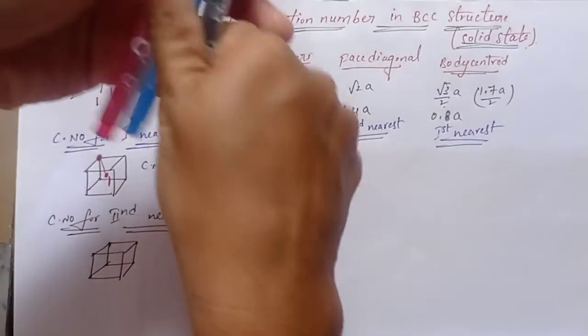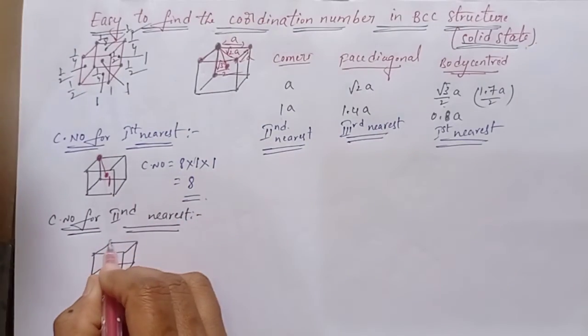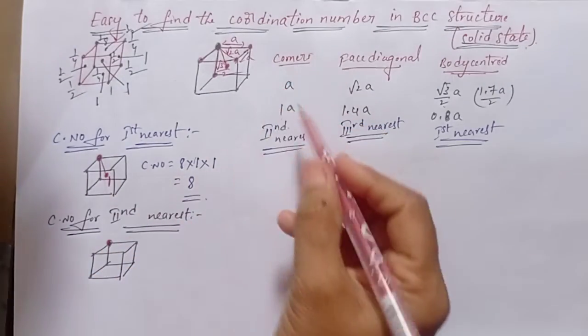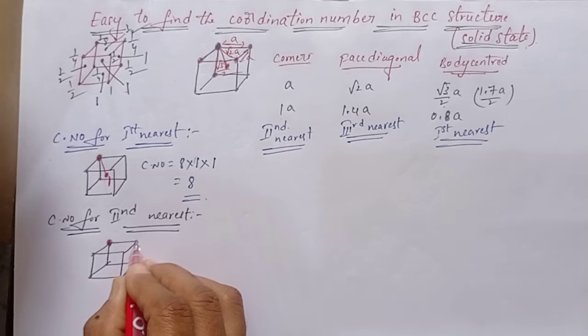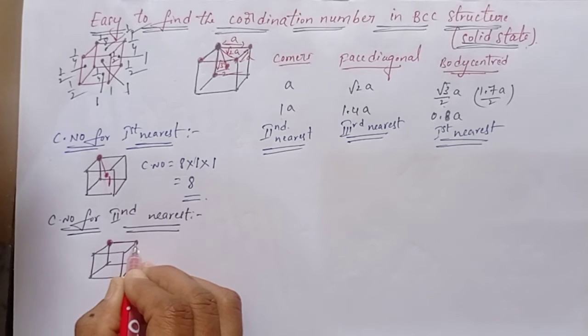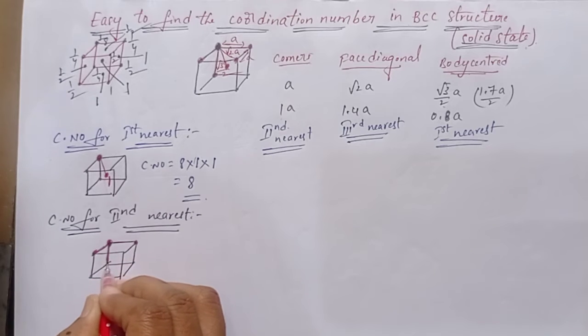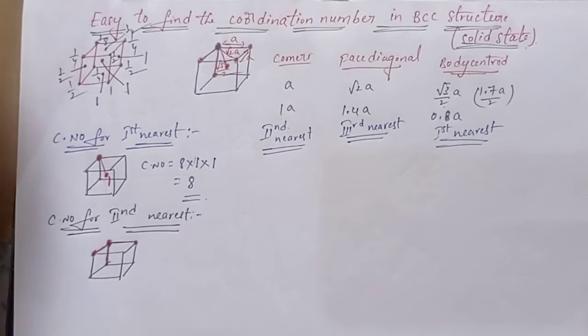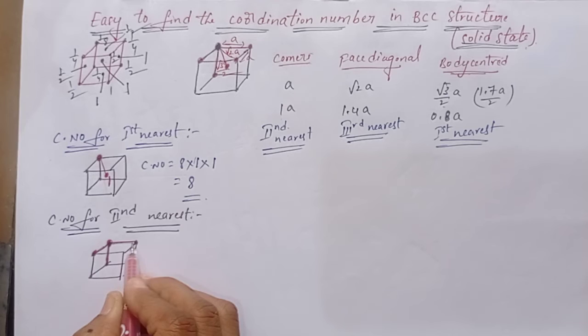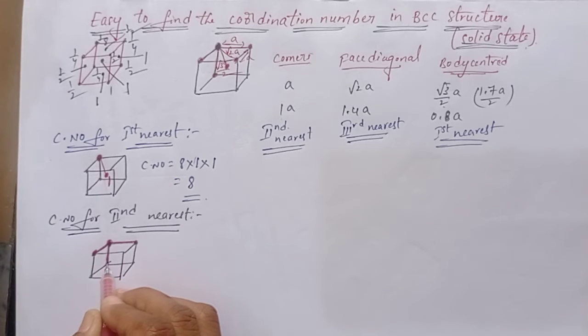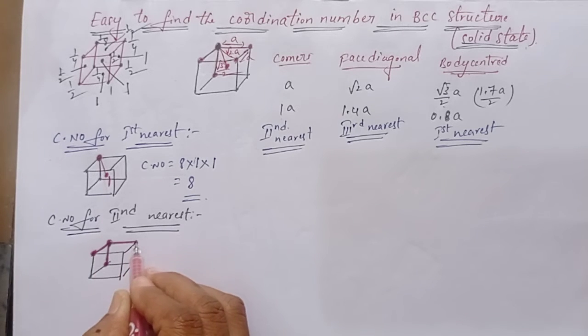This is the considered particle, and the second nearest is the corner particle. This corner is in touch with this corner, this corner, and this corner particle. So 3 corner particles are in touch with the considered particle. 1, 2, 3.